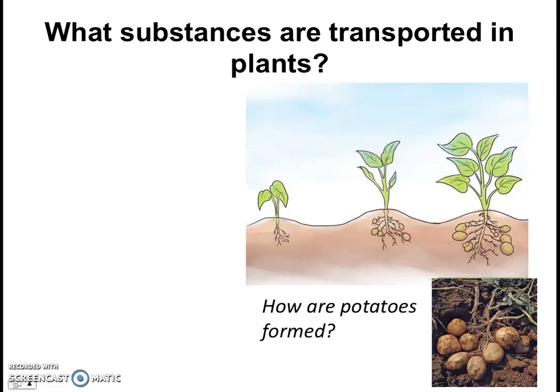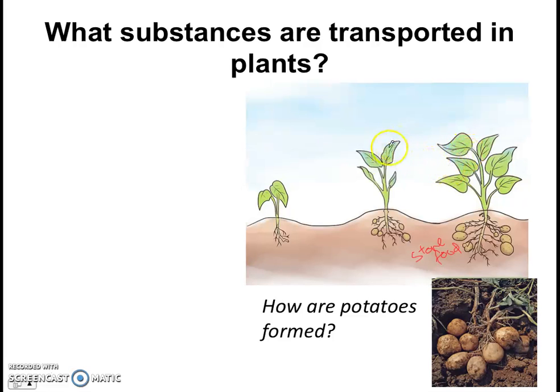Now, from your primary school, you probably remember that potatoes are a kind of storage organ. They are underground stems which store food, right? Now, potatoes store food, but where does that food come from? Now, hopefully you remember from primary school as well that plants make food in their leaves.